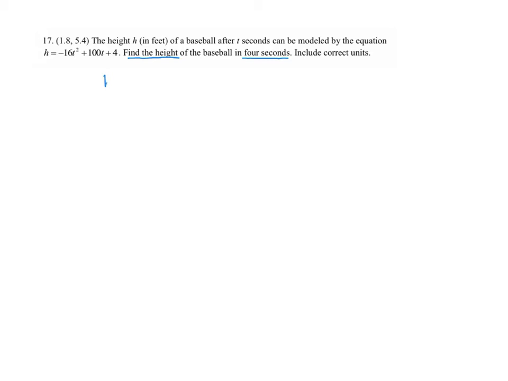So when we do that, we get negative 16 times 4 squared plus 100 times 4 plus 4. If we simplify this, this is negative 16 times 16.